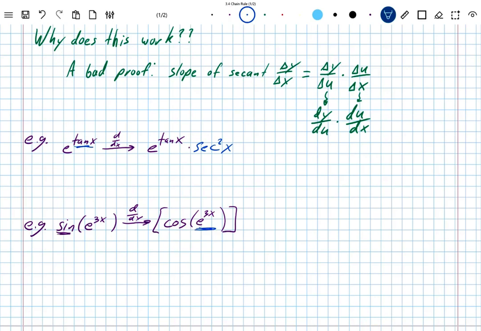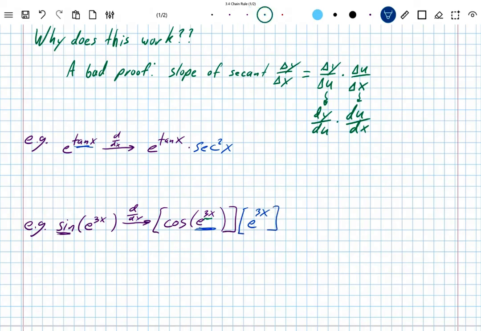Great. What is the derivative of e to the 3x? Oh my gosh. That is another composition of functions. But I can still do it. I know how to take that derivative. So forget everything but e to the 3x. That has an outer and an inner function. So what is the outer function? Well, it's e to the stuff. So I'm going to get e to the 3x because the derivative of e to the stuff is e to the stuff.